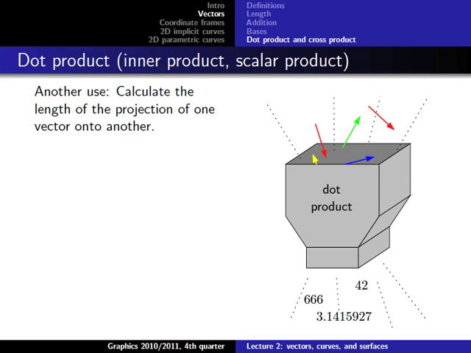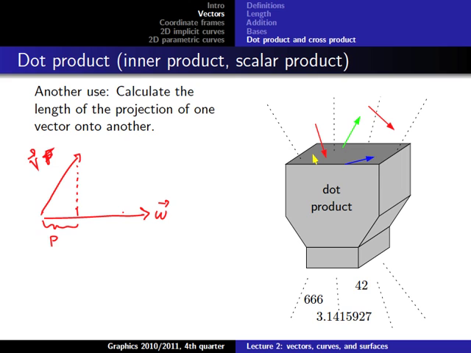Another thing that often is quite useful, where I can use the dot product, is to calculate the projection of a vector onto another one. So if you have a vector, let's call it v, and a vector w, then the projection is defined as the length p here, if we project this vector down here. So this is not a vector, this is a scalar value, just the distance here.